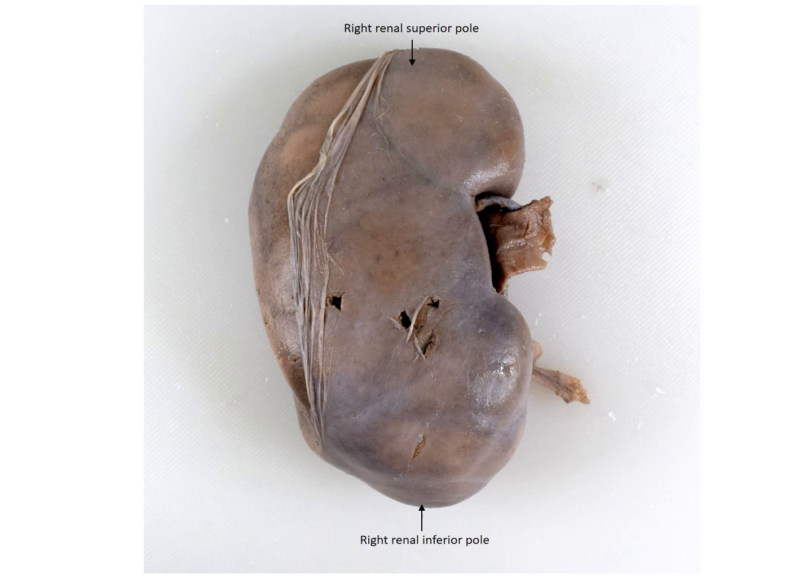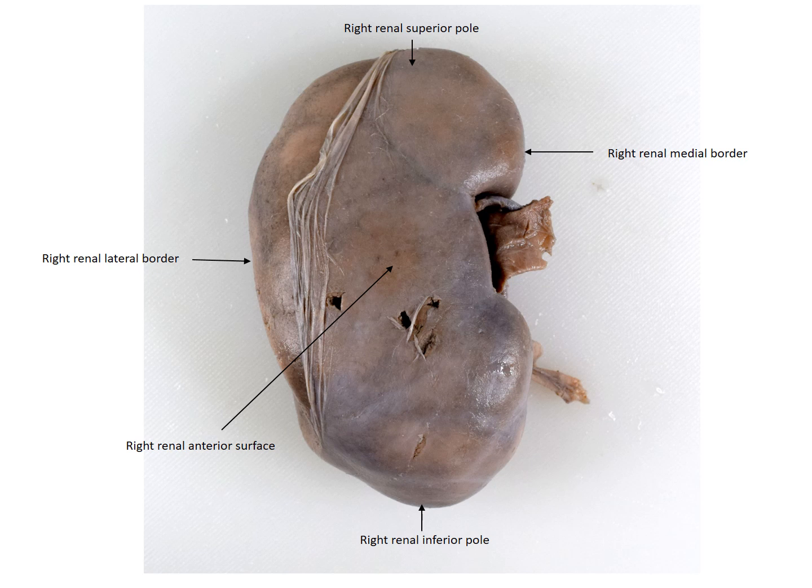You have to recognize right renal superior pole, right renal inferior pole, borders or margins, right renal lateral border and right renal medial border. In the middle of the right renal medial border we have renal hilum.